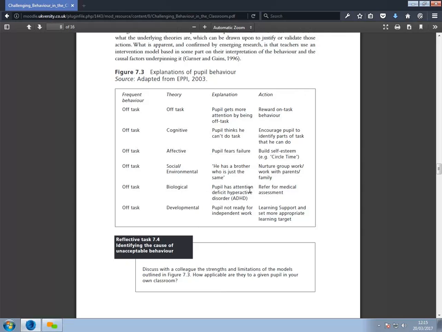Biological: pupil has attention deficit, ADHD, all of the ADHD, refer for medical assessment. Developmental. That's usually the one that's the biggest criteria. Certainly in higher education, the pupil's not ready for independent work. Learning support and more appropriate learning target. And other students are put in from when you get towards level 4, 5, 6.